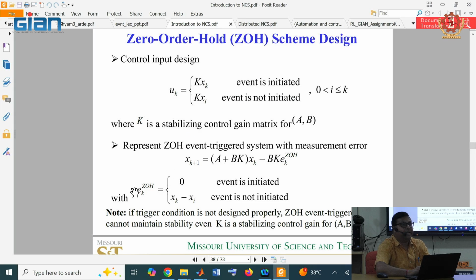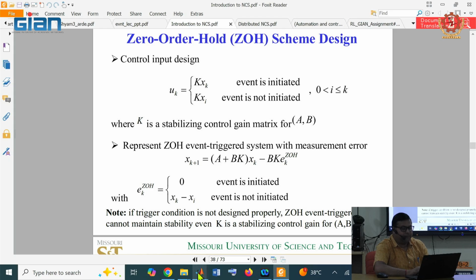That depends on the error. When the error is 0, then the event is initiated. But when a finite amount of error exists, then the event is not initiated. You will check this condition, and based on that you will apply the control to the system.